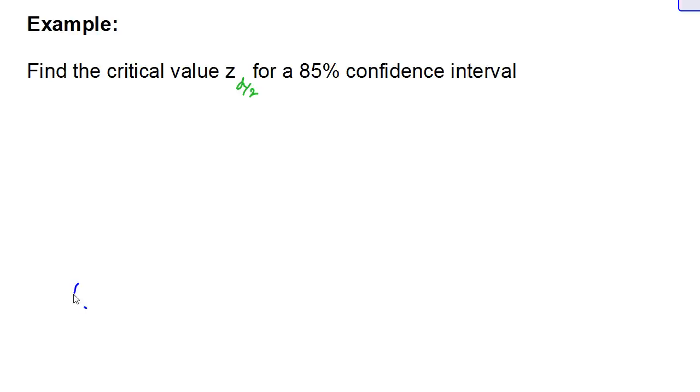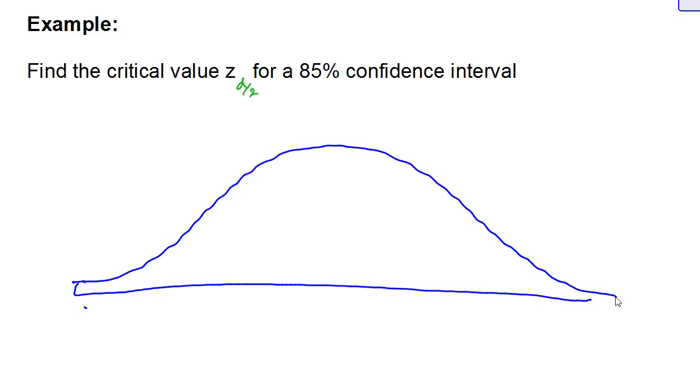So if I draw my normal distribution curve, and I've got 85% in the center, well, 1 minus 85% is going to leave me with 15% left over.